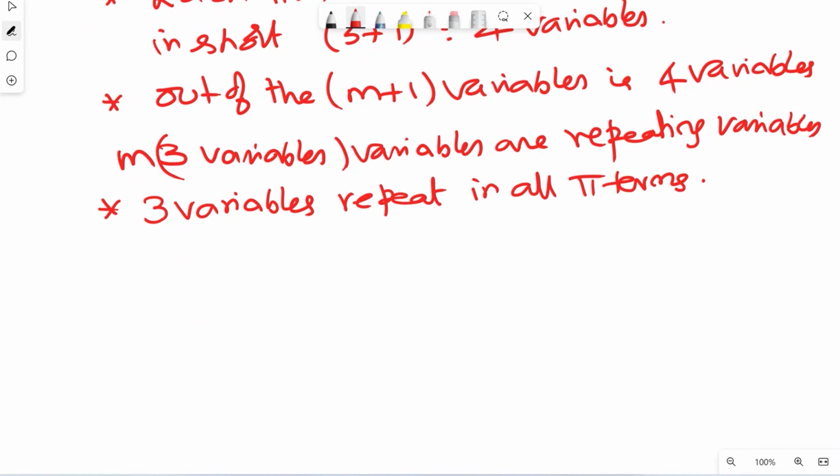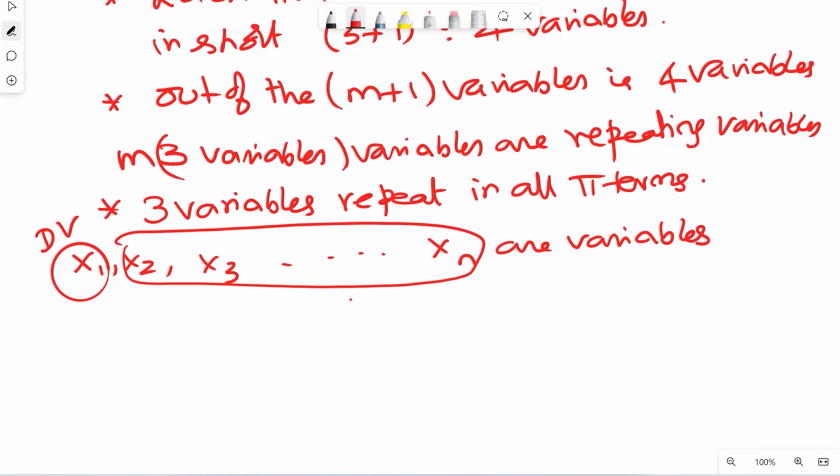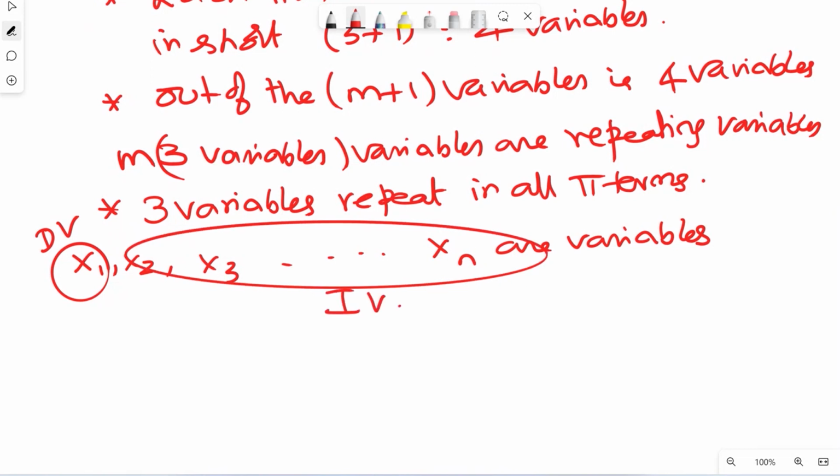For example, in the above problem where we mentioned x1, x2, x3, up to xn are variables. I mentioned x1 is the dependent variable, whereas all the remaining are independent variables, right?